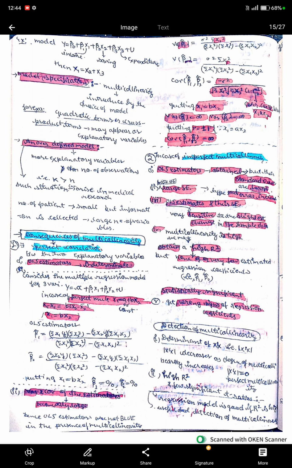Putting small x1 equals b small x2, beta 1 cap equals 0 by 0, beta 2 cap equals 0 by 0.